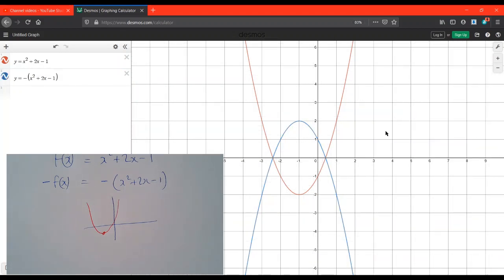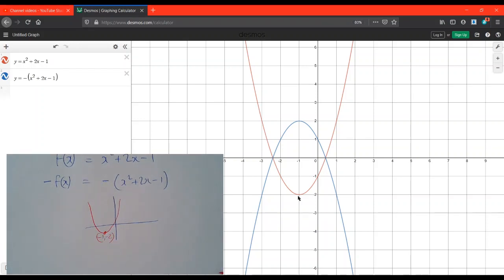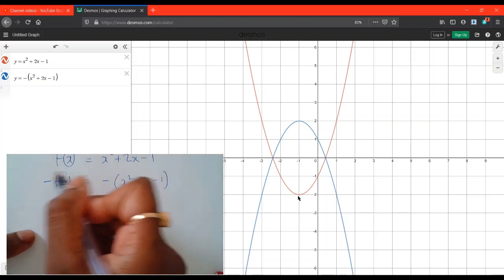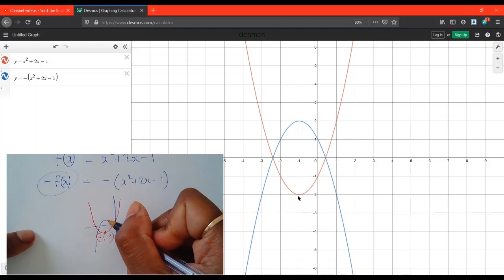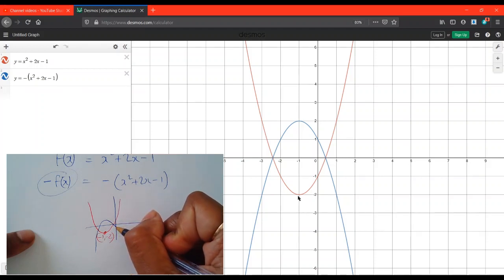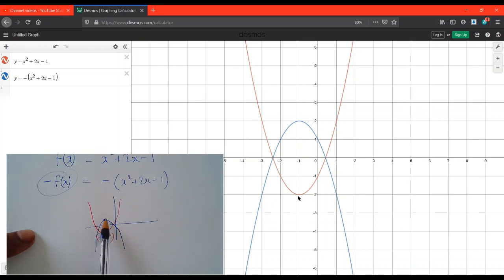You can see here the minimum point right there. It's -1, -2. And then it gets reflected due to this transformation, like so. Right, that point over there, you can clearly see it's over here, -1 and 2.